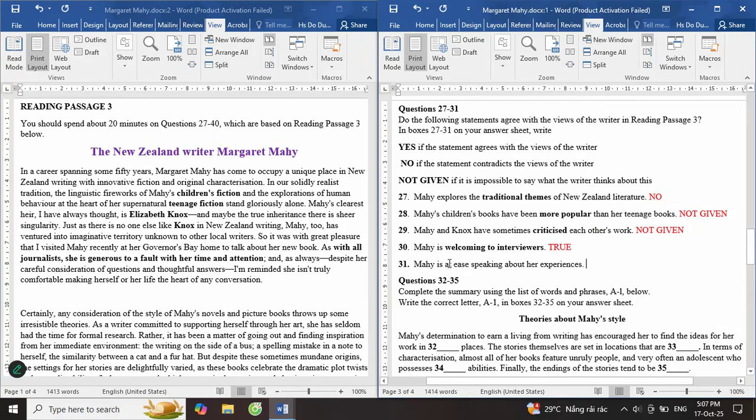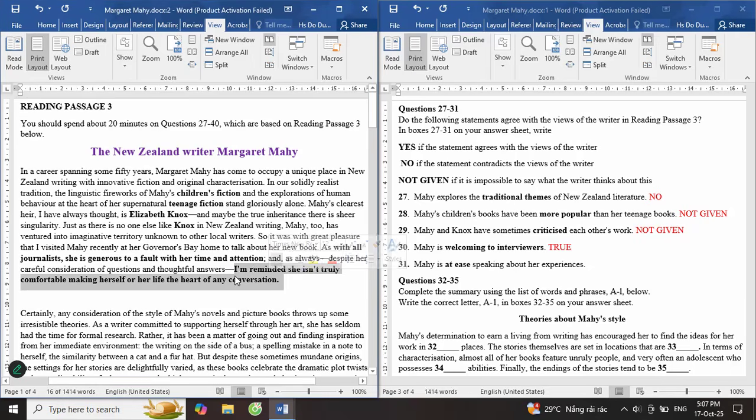Mahy is at ease speaking about her experiences. At ease means feeling comfortable.